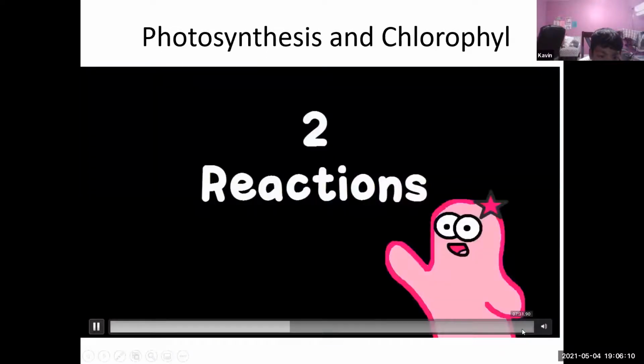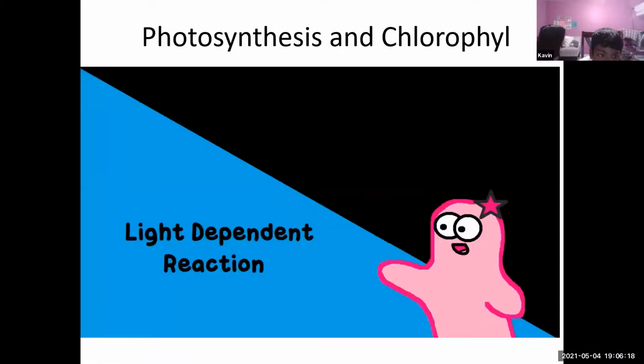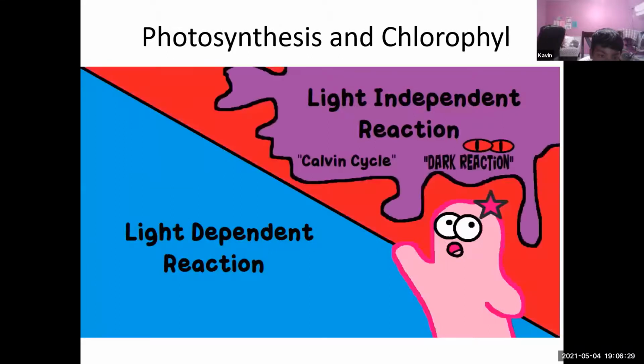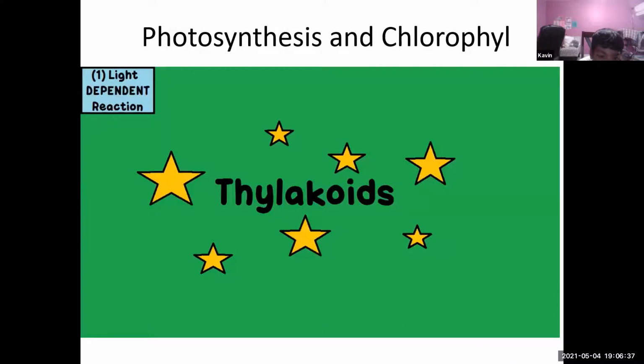There are two major reactions that occur in the chloroplast that, together, make up photosynthesis. The light-dependent reaction and the light-independent reaction. The light-independent reaction, by the way, is also called the Calvin cycle, or dark reaction. So let's talk about these two reactions. The light-dependent reaction happens in thylakoids. What are thylakoids?